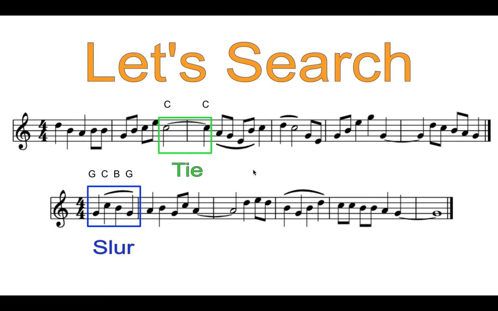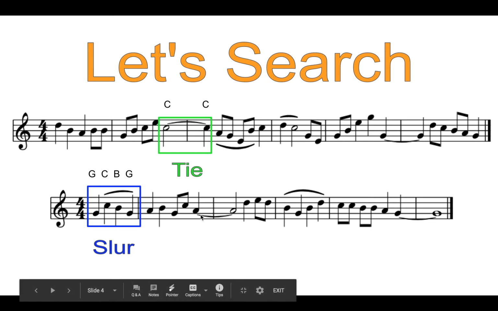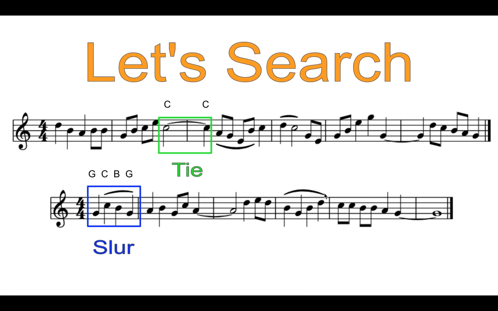So what I'd like for you to do at this point is you can either pause the video right here so you can have this image. And go through each example of an arching line. You have 1, 2, 3, 4, 5, 6.